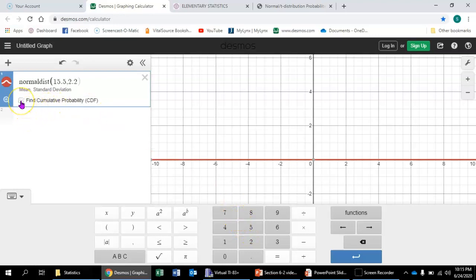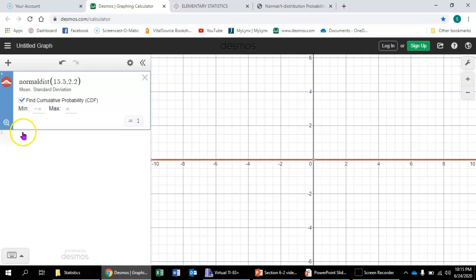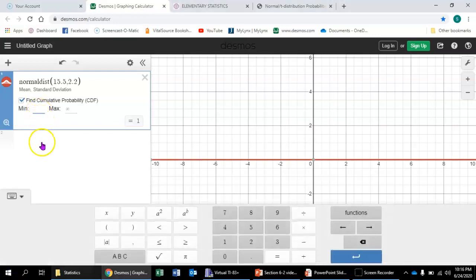And now I'm going to check the box where it says find cumulative probability. In the blank where it says min, we can put in our number 17.5. And in the blank where it says max, I can see a little faint infinity symbol, and we're just going to leave it there. We're going from 17.5 on up to infinity. And so the number that shows up in the little box there is 0.18165 and so on, just the same as what the calculator gave us.